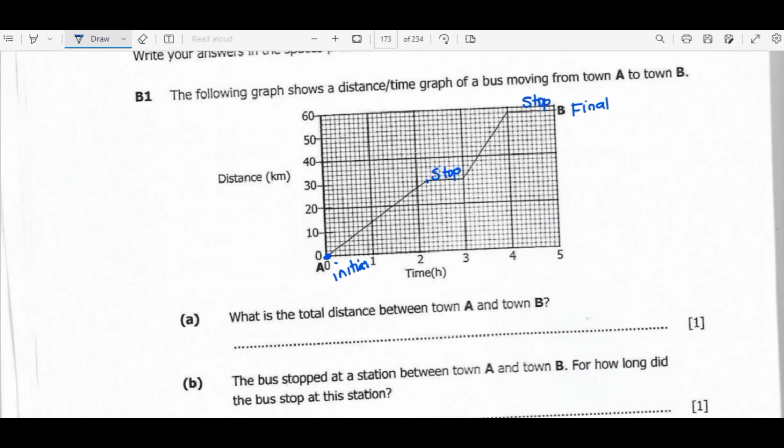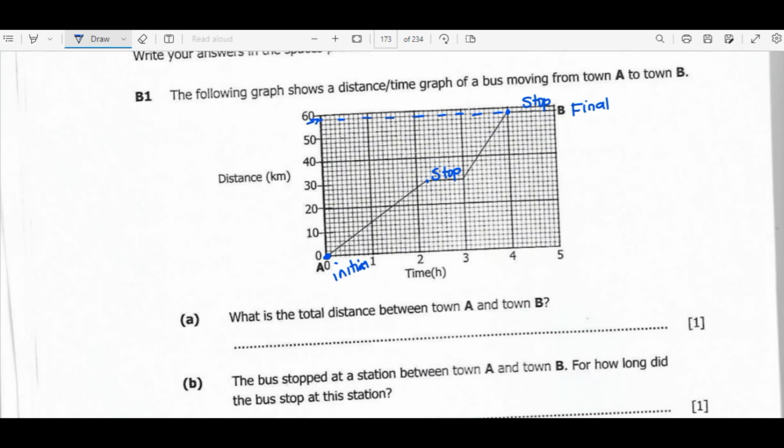Now we can go to question A. What is the total distance between town A and town B? The total distance is measured from this point, because this was the highest point reached by this line. So we move right to the axis, then to the left side, so that we see at which number we are going to get on this point.